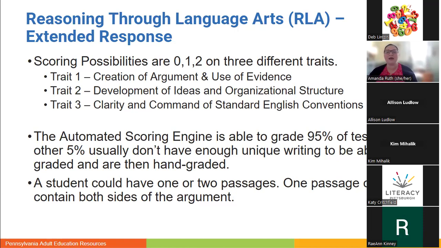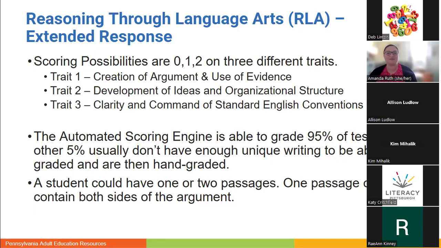One of the things that a lot of folks express frustration about is that when students are getting that 0, how is it happening? So the automated scoring engine that GED has is able to grade about 95% of the tests that come in. There are that additional 5% where there's not enough unique writing to be able to use the automated scoring engine.